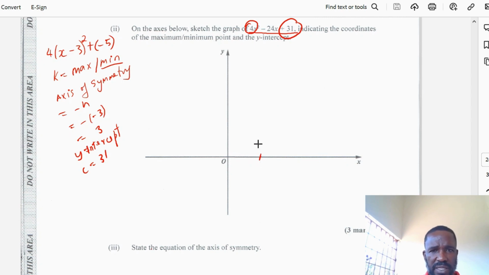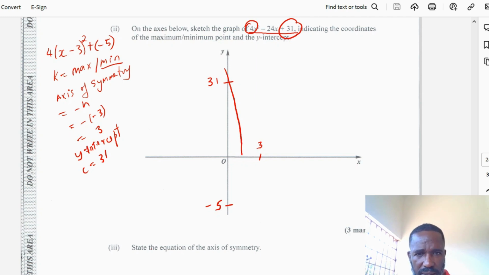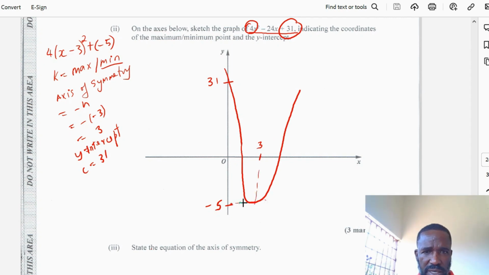Let us assume that positive 3 is here, and then positive 31 on the y is here, and negative 5 on the y is also here, and then we're going to sketch a graph that looks like that. I'm sure you are able to sketch a better graph than mine, but that is a basic concept.